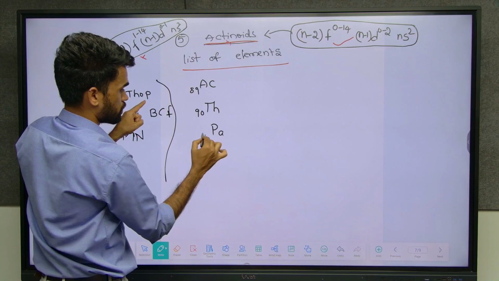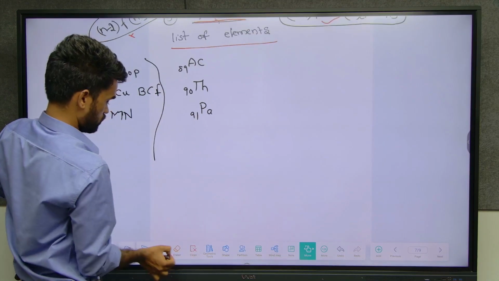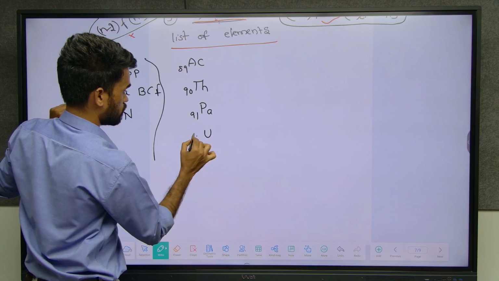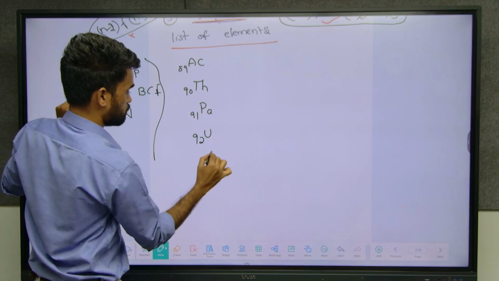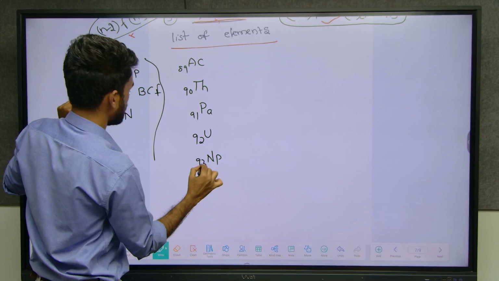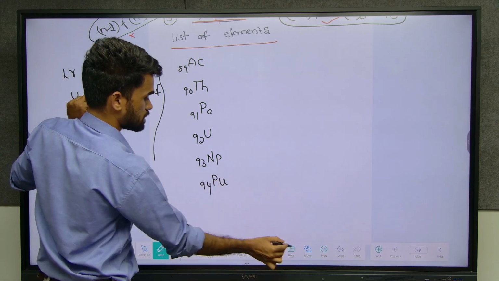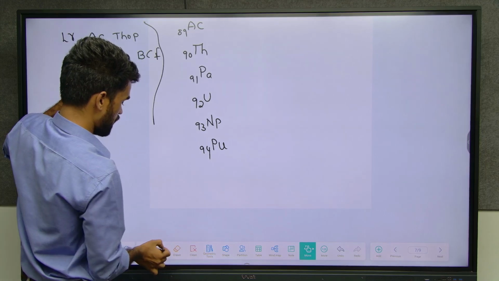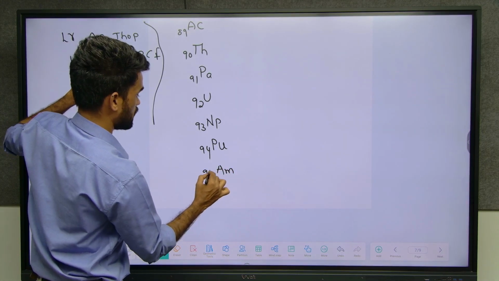Next, after thorium, what do we have? Protactinium, Pa. Next, after this, U, 92. Next, neptunium, Np, 93. Next, plutonium, Pu, 94. Next, A means americium. What is the atomic number? 95.